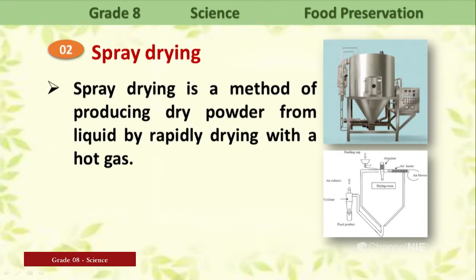Spray drying is a method of producing dry powder from liquid by rapidly drying with hot gas, right. So, hot gas is sent to the cylinder and liquid milk is sprayed onto the heated cylinder and the liquid milk is converted to milk powder.